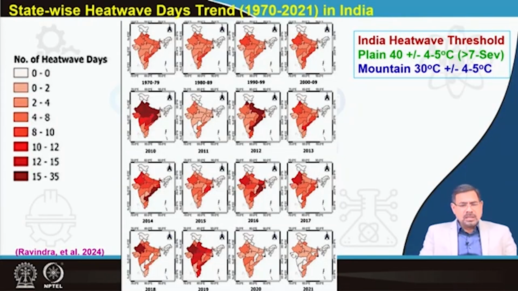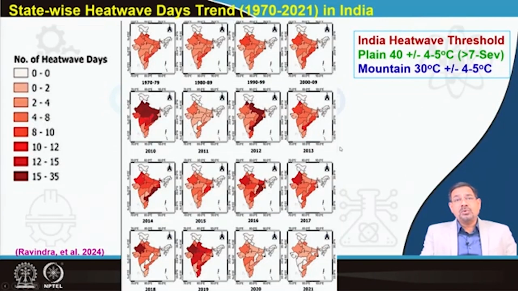Look at 2010, in the second row on the extreme left, you can see it has gone up to 15 to 35 days of heat waves per year in 2010.